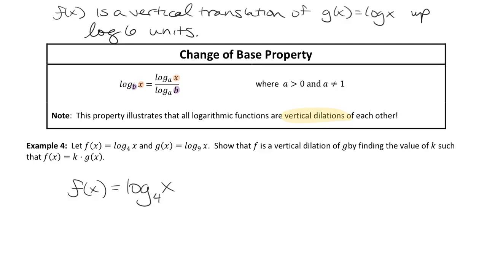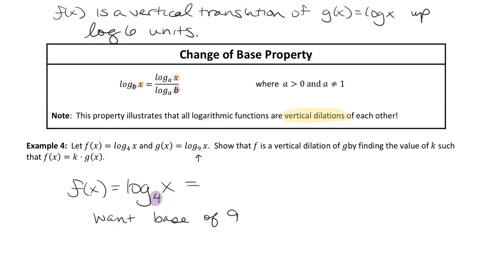Why would I want it to have a base of 9? So what I'm going to do is use the change of base property and force the base on the top and the bottom to be the number 9. Let me use some color to show you what I'm doing.